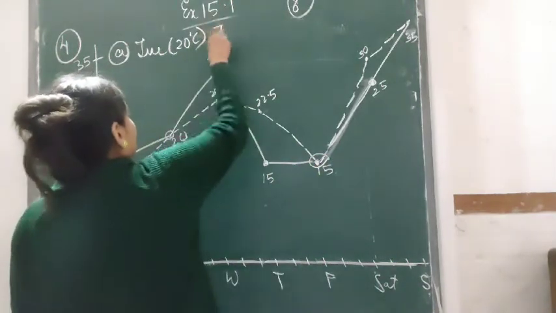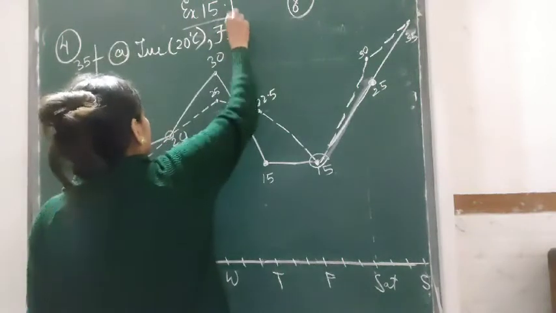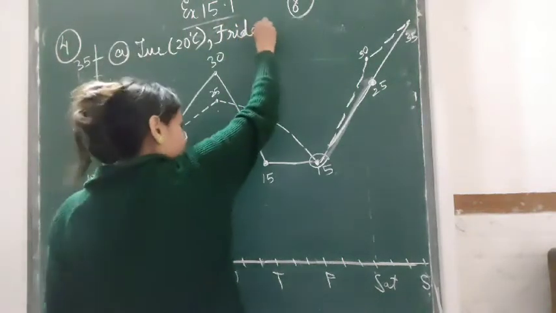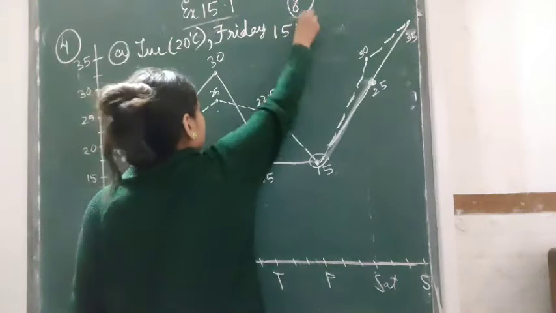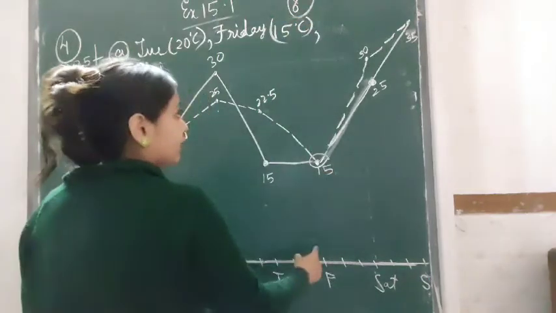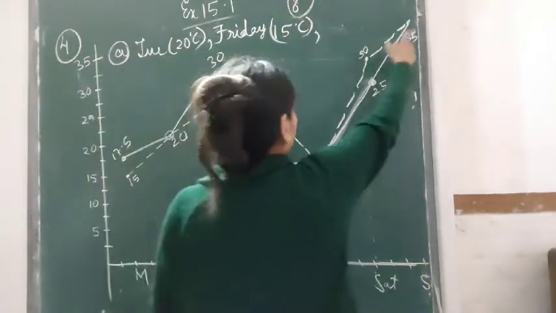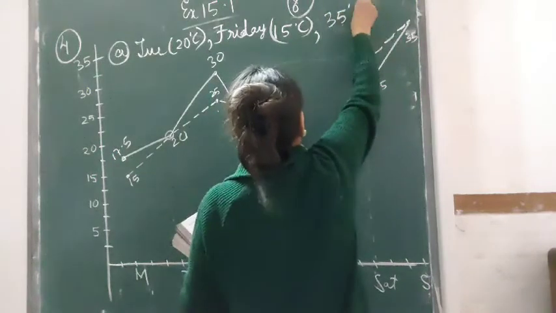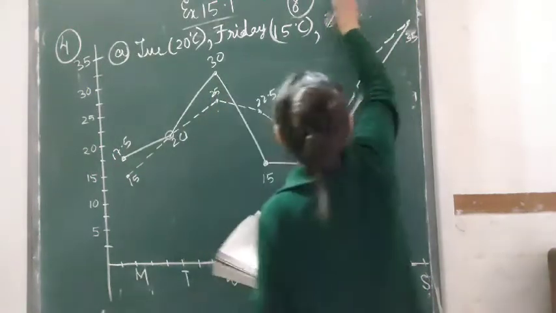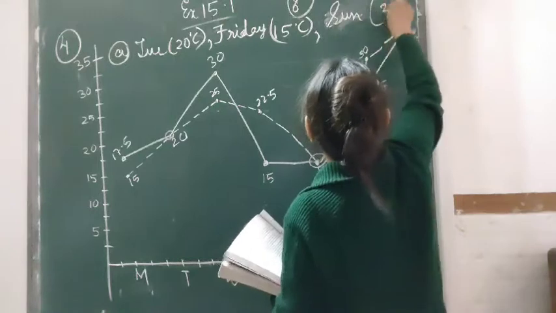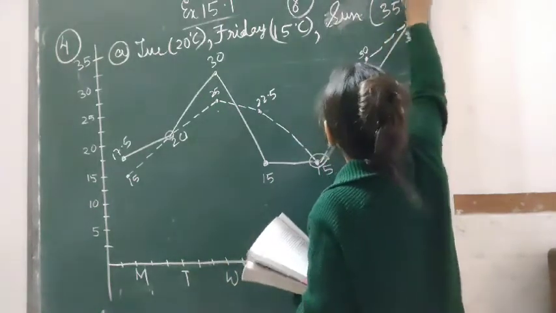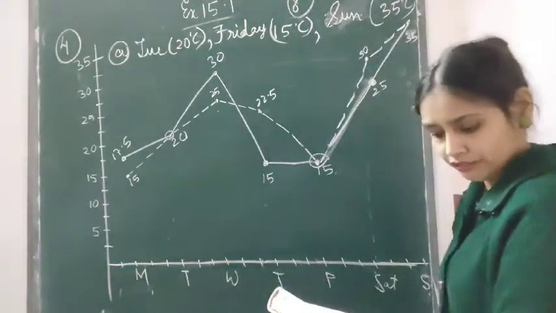Friday, that is 15 degrees Celsius, and this is Sunday, which is 35 degrees Celsius. Okay, this is the first part.